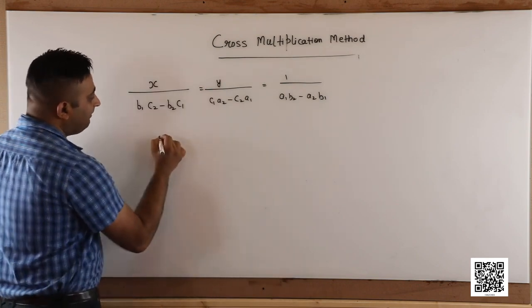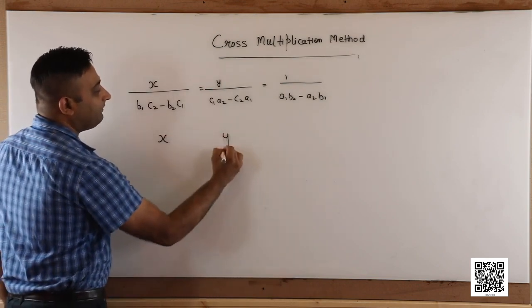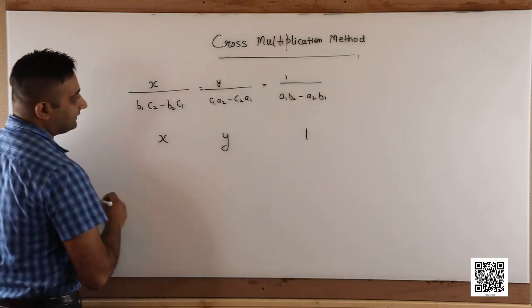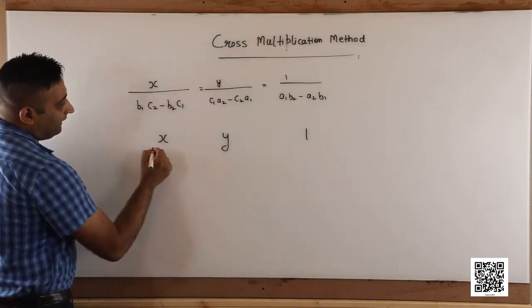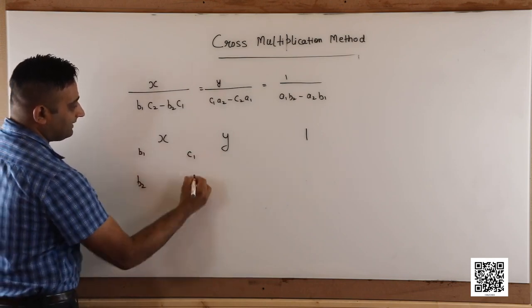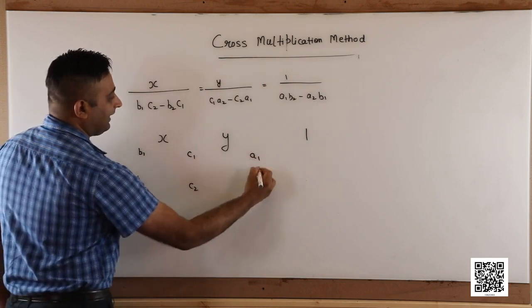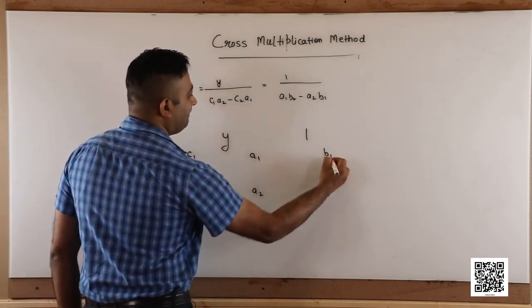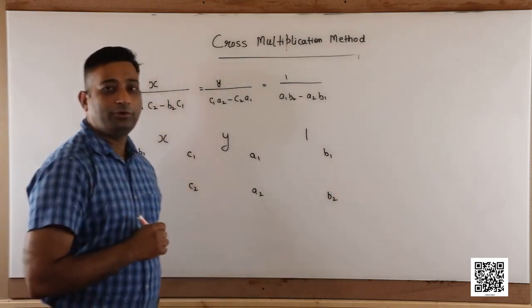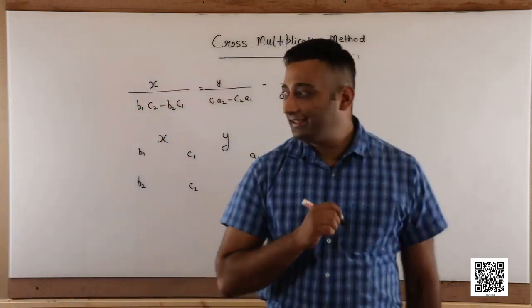Now let us make one diagram which will be very helpful in the whole process. Let us write b1 b2 here, then c1 c2, then a1 a2, and then again b1 b2. This diagram will be very helpful in remembering the result.